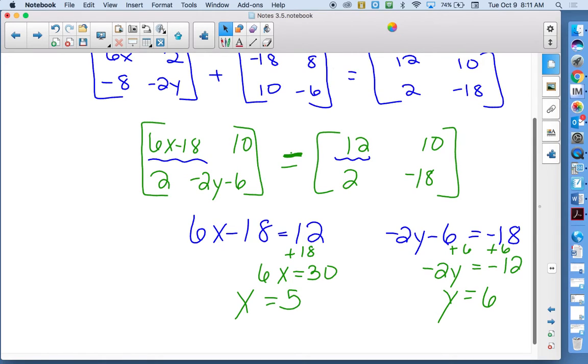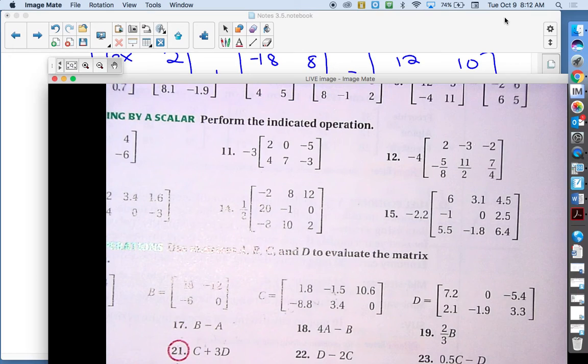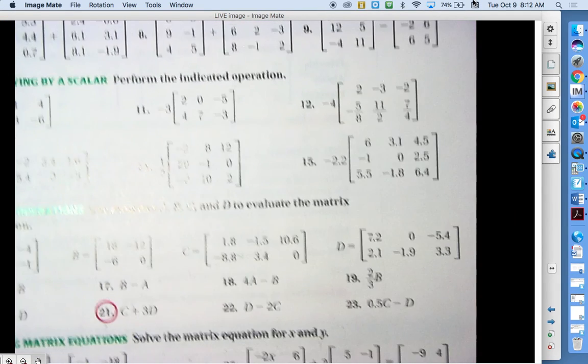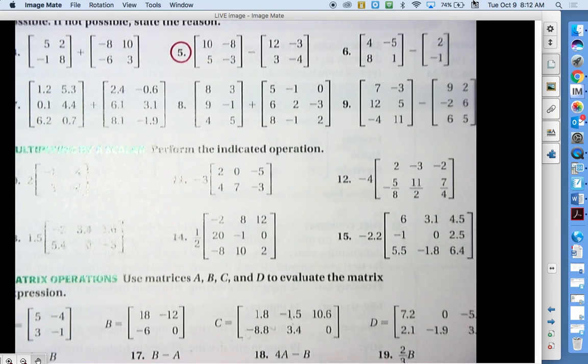So on the board back there, we have page 191, and we're looking at 5 to 29 odd, and then 33, 37 to 47 odd. 37 to 47 odd is a mixed review, so getting you to remember about solving equations because that information isn't going away. But I can put a bunch of these up here on the projector.